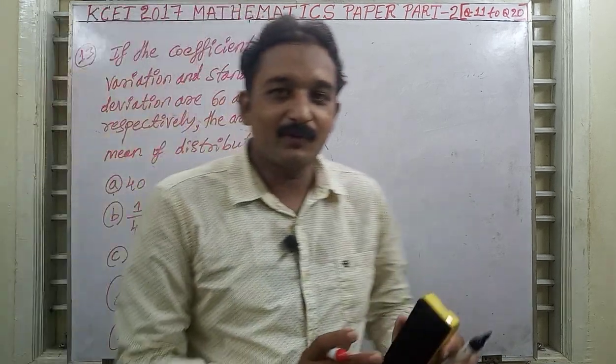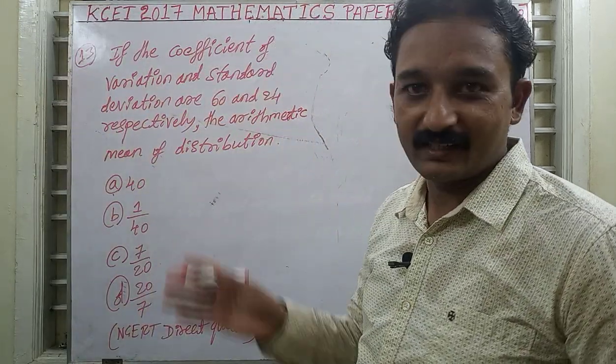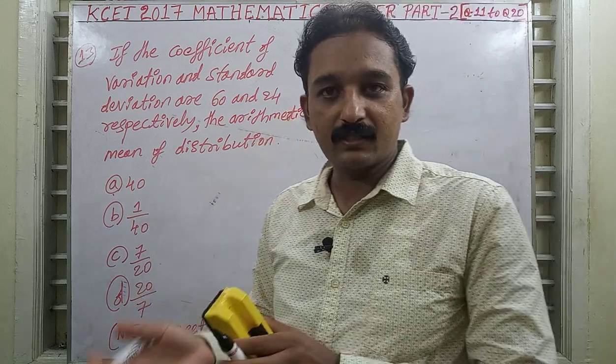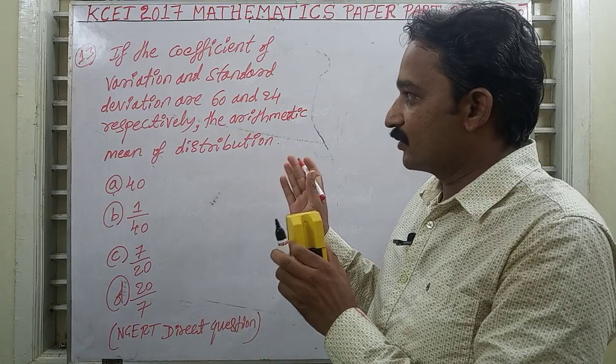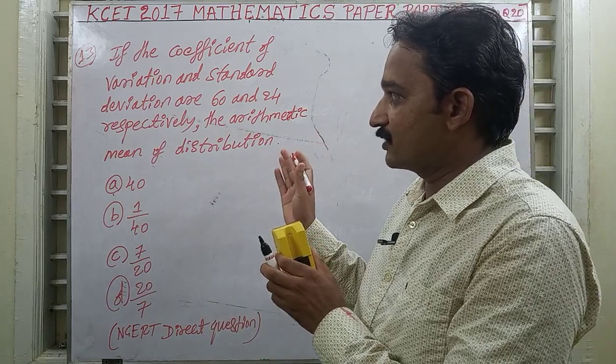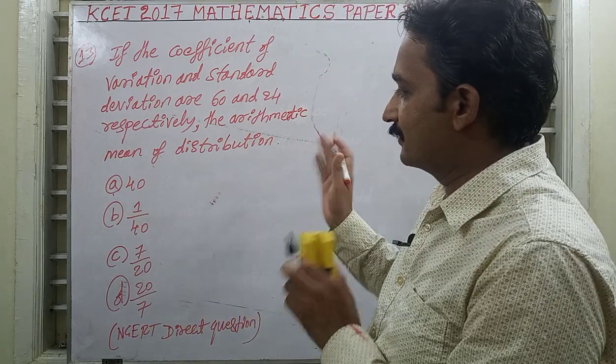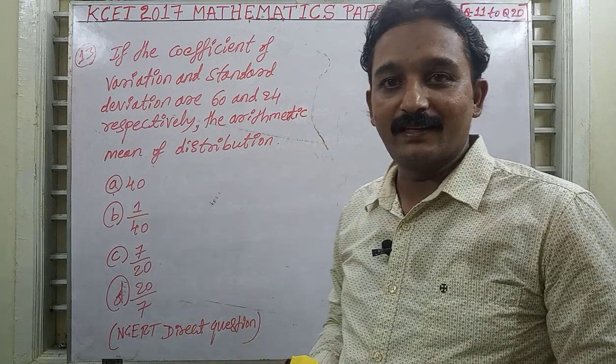So now let us move on to the next question. Question number 13. This question is based on the chapter statistics, which belongs to the first year. Usually they ask this type of question in KCET one. Particularly it is based on the coefficient of variance in statistics.